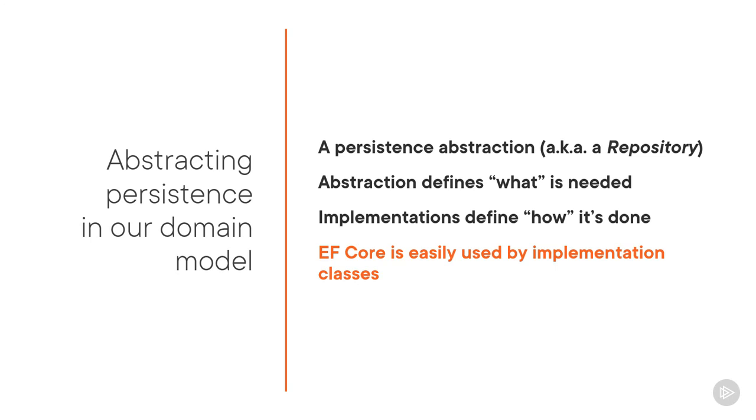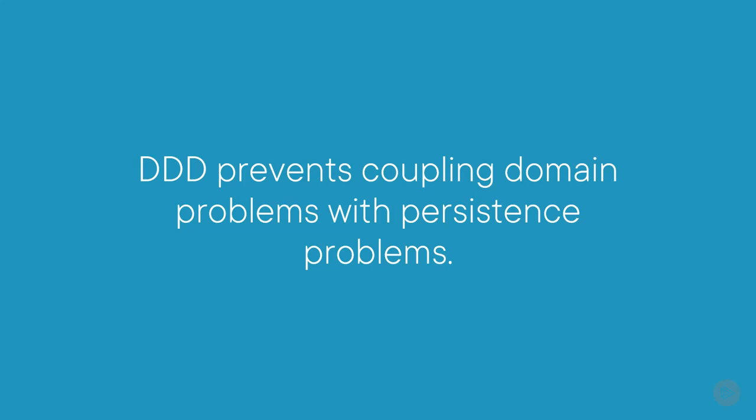And one really popular and powerful way to do persistence in .NET is with Entity Framework Core. And because it implements methods that map pretty closely to most common persistence abstractions, it's usually pretty easy to implement a particular abstraction with a class that calls into EF Core. Definitely. EF Core works great for this in most of the apps I work on, but we should never couple it tightly to our domain model. Exactly. The whole point of DDD is that we shouldn't be coupling our domain problems with our persistence problems.